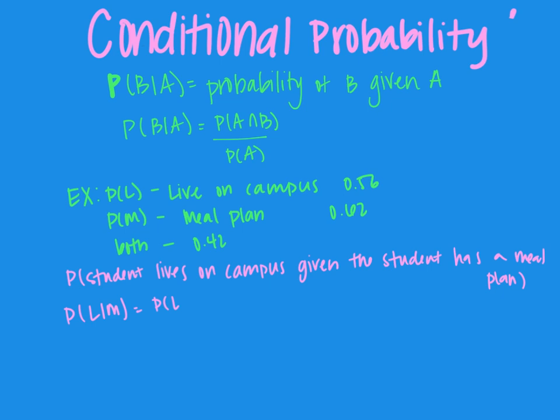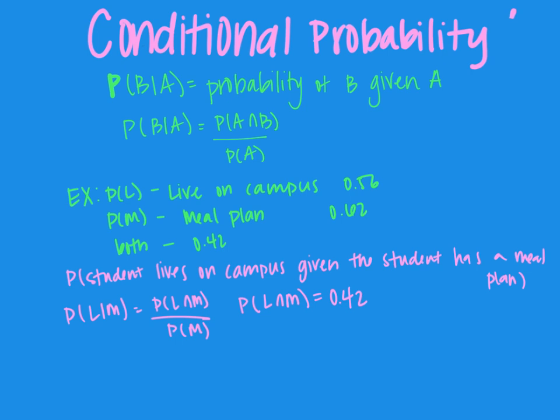Okay, so that would be the probability of L and M. Well, we already know that's 0.42 because that's a both. And the probability of M is 0.62, sorry.